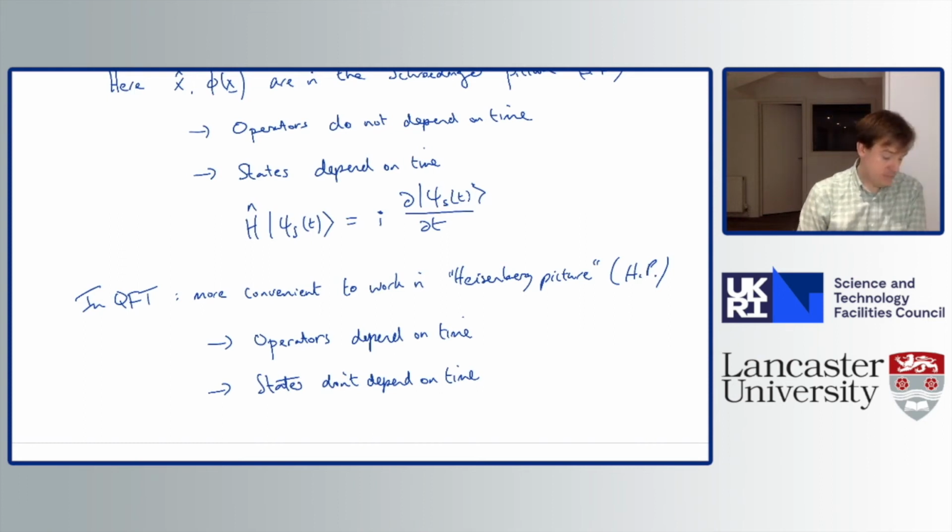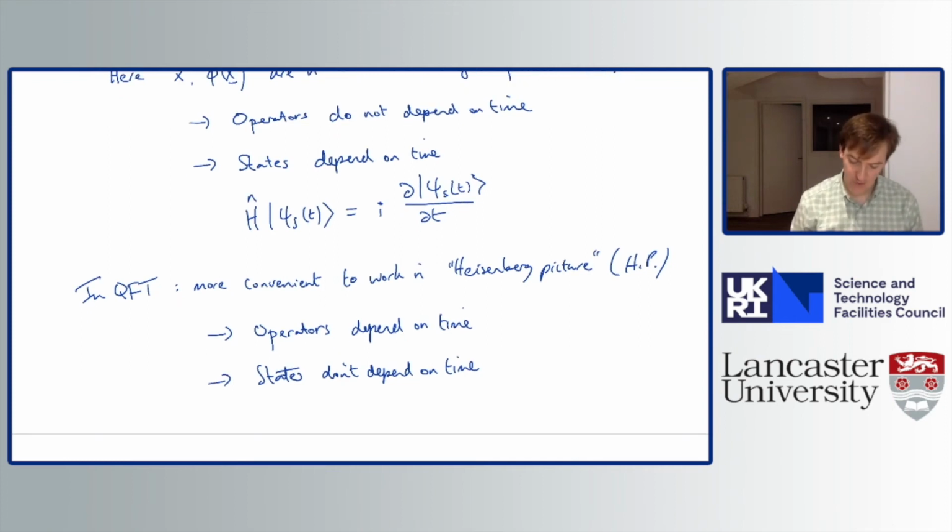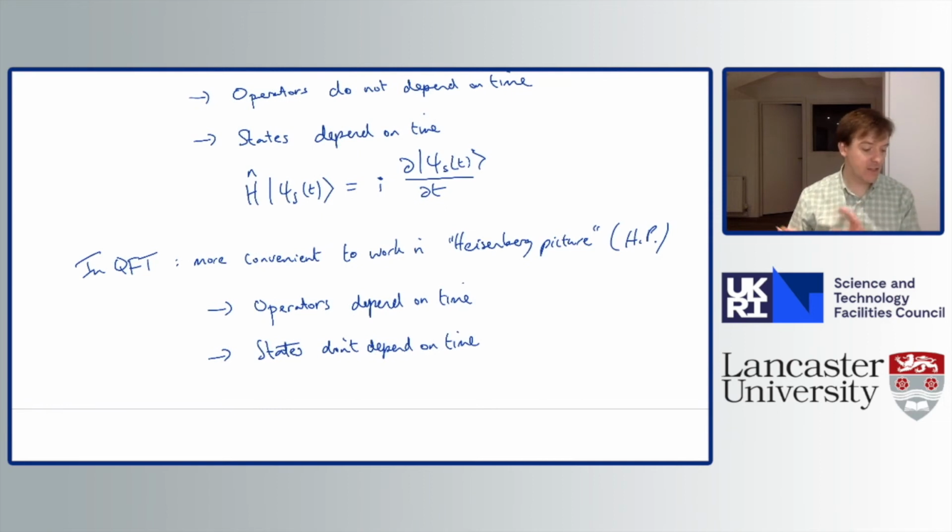So there are these two equally valid ways of doing quantum mechanics, and to figure out how to go between them, the most convenient way is to consider the expectation values of an operator, because the expectation value is something that all observers should agree on. Let's imagine it's the expectation value of the position of some particle. Well, everyone should agree what that is.